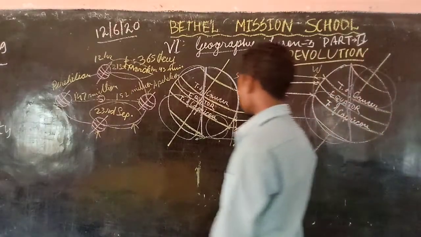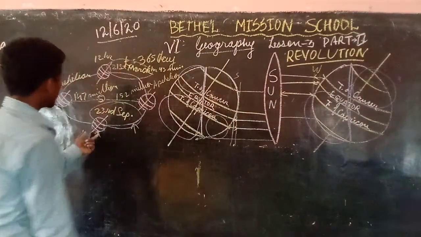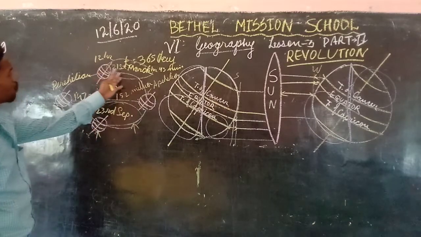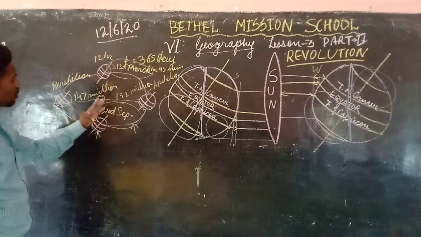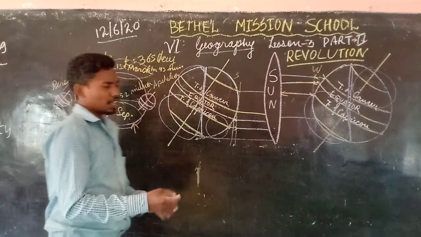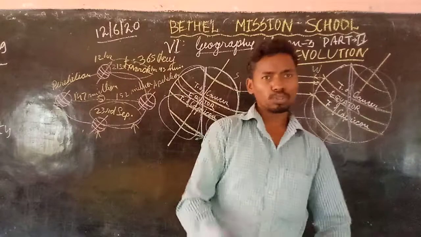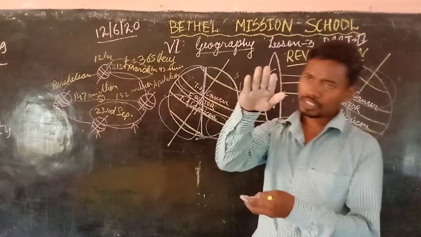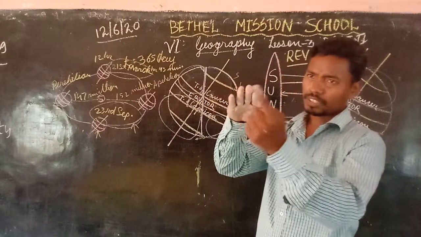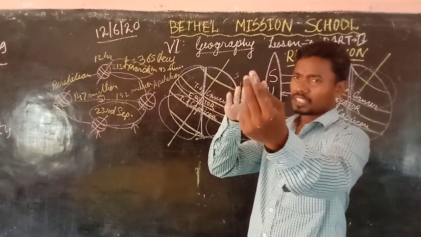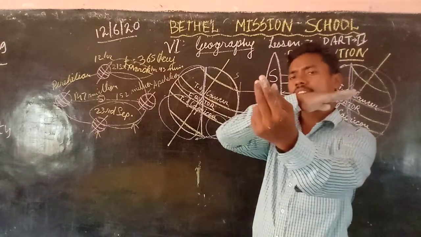Whereas during this 23rd September time and this 21st March time, both the northern and southern hemisphere are at equal distances. Nobody is facing the sun. Both, for example, if this is the sun, this North Pole is facing the sun, but during the March time, it is like this.